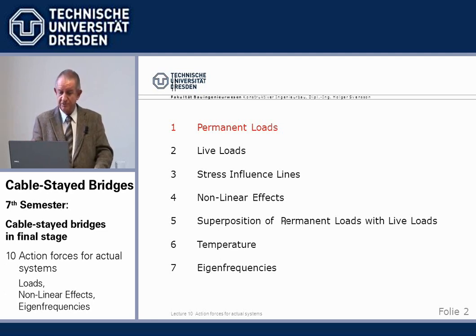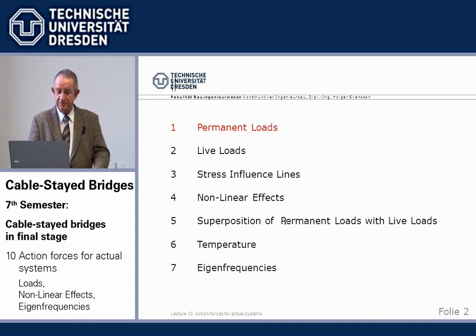Then, of course, we talk about transient live loads. We talk about stress influence lines, for which I then use current point moments. I hope you know all about that. I'm not going into great detail, but we need it here. Then we show again the nonlinear effects for the full bridge, of which I showed you the basics, the approximations.